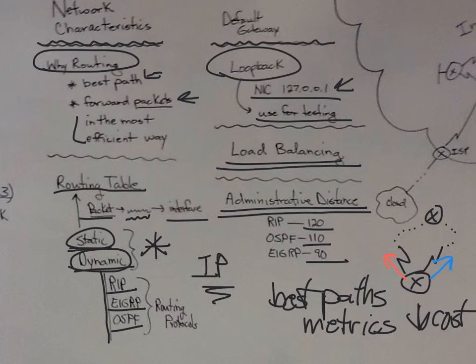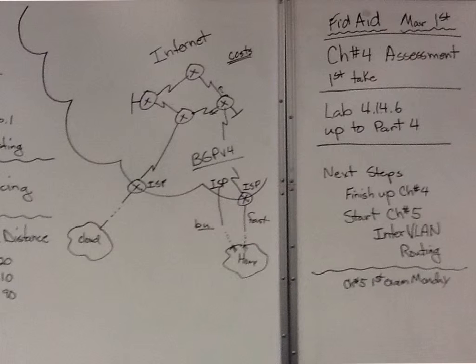Let's look at another slide. For example, out here, if this router in the internet was trying to decide, should I send the traffic this way or should I send the traffic this way, it's going to pick the least cost. Now, BGP, Border Gateway Protocol, version 4 is what I think they're still using on the internet. You could look that up. But that's a routing protocol.